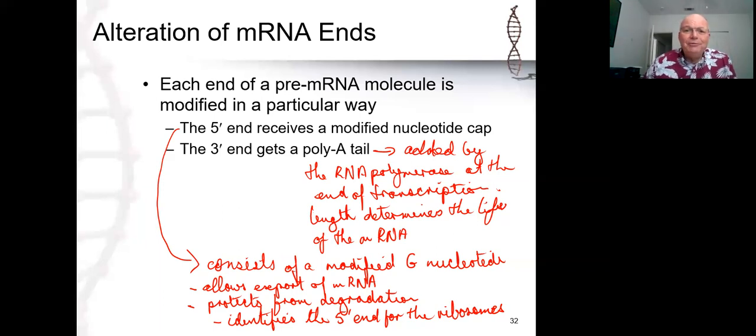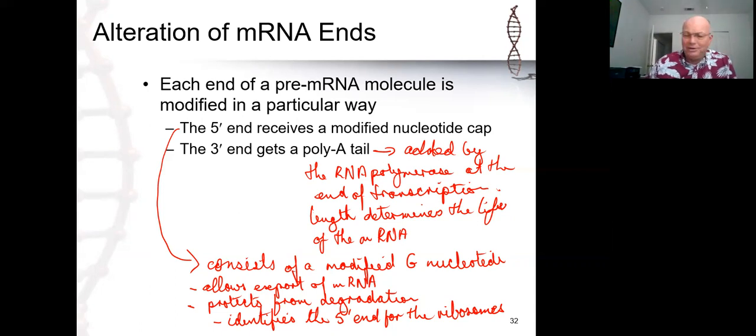because in the absence of that cap, number one, it is unlikely that the messenger RNA is going to be exported from the nucleus. The presence of the 5' cap indicates that it's ready to be exported. If it does manage to leave the nucleus, then it's immediately open to degradation because the 5' cap stops the enzymes that would normally chew up a messenger RNA from immediately going ahead and doing so.